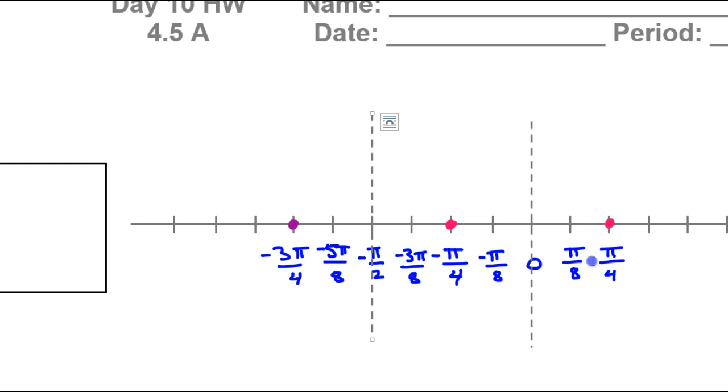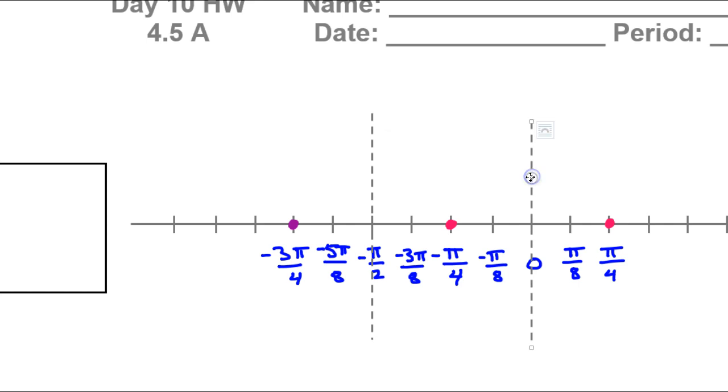Now would be a good time to talk about the y-axis. Now it's going to be a little bit weird because the y-axis is right here. The y-axis is always at 0, of course. But I also have an asymptote there. So somehow I'm going to try to do both.